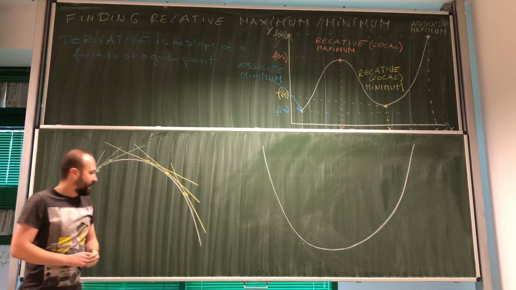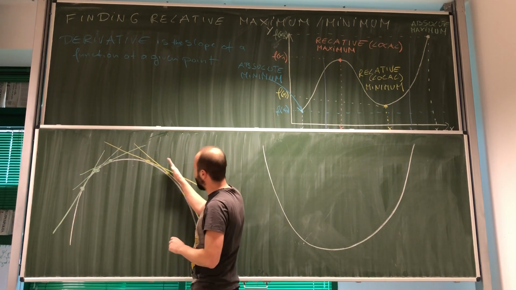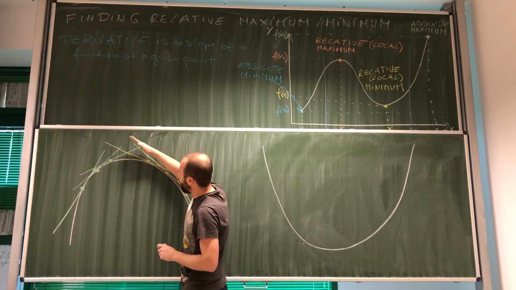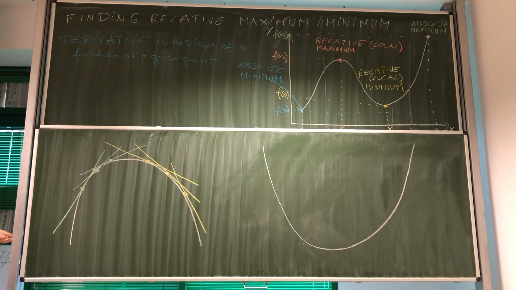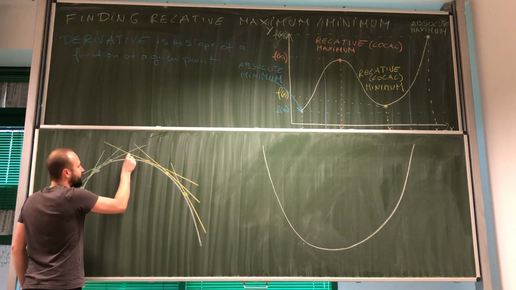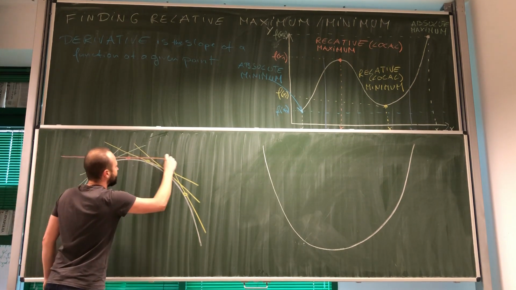And going in that direction, over here, this line has negative slope, but it's getting flatter and flatter. So, what should be the slope of this line at the very top? Well, the slope of this line would be 0.